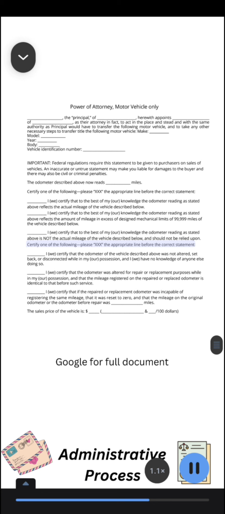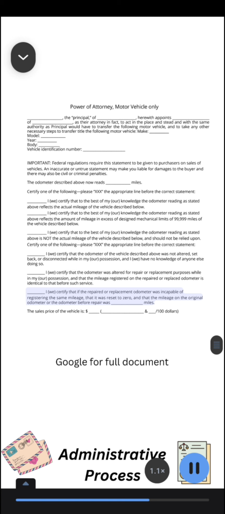Certify one of the following, please, XXX, the appropriate line before the correct statement. We certify that the odometer of the vehicle described above was not altered, set back, or disconnected while in my possession, and we have no knowledge of anyone else doing so. We certify that the odometer was altered for repair or replacement purposes while in my possession, and that the mileage registered on the repaired or replaced odometer is identical to that before such service.